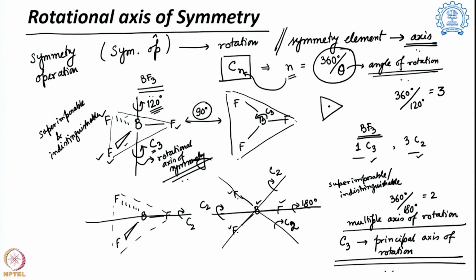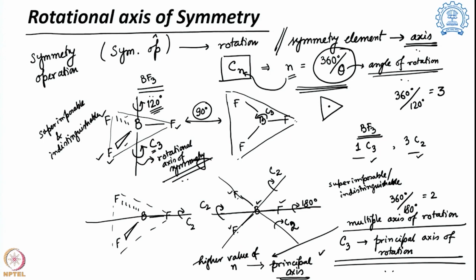Remember, if you have multiple axes of rotation, the one with the higher value of n, that means you are doing the least movement, is going to be the principal axis. This principal axis determination is very important because certain other symmetry elements depend on it.